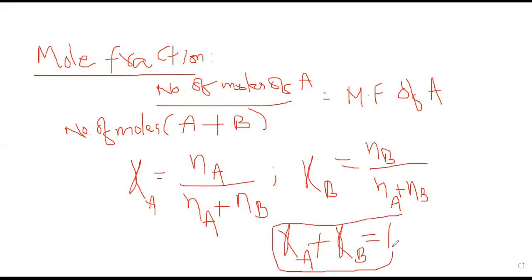That is, if you know the mole fraction of A, automatically can we calculate the mole fraction of B or not? How to calculate? Can anyone tell me? You can unmute yourself.